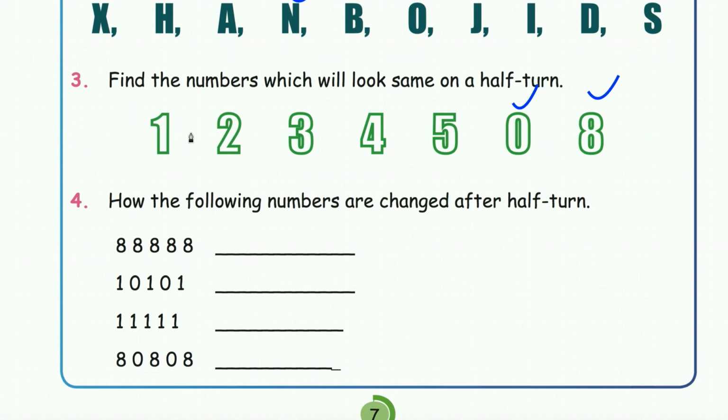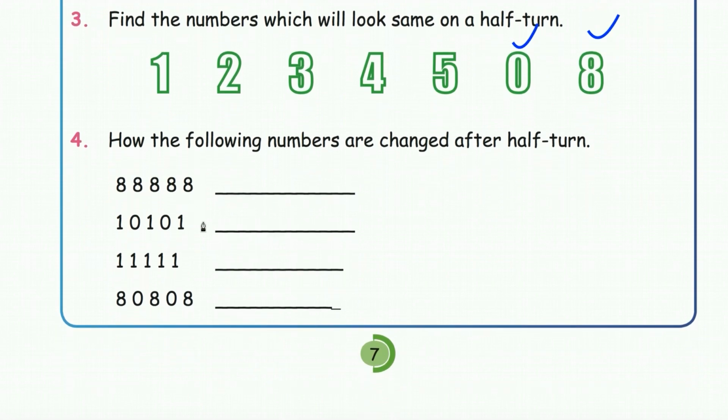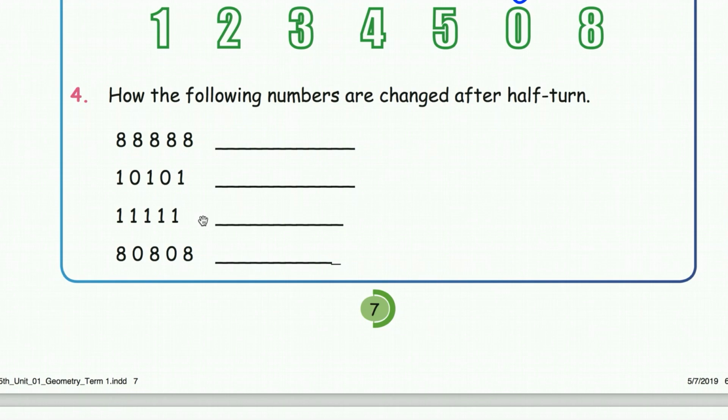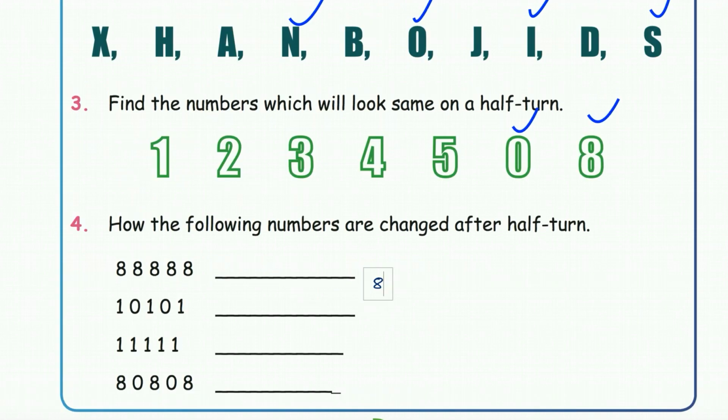If you remove this tick mark, yeah, 1 also would look the same. After a half turn also, the first number is 5 eights only. It won't change. There will not be any change. Next one also same. Next one also same.